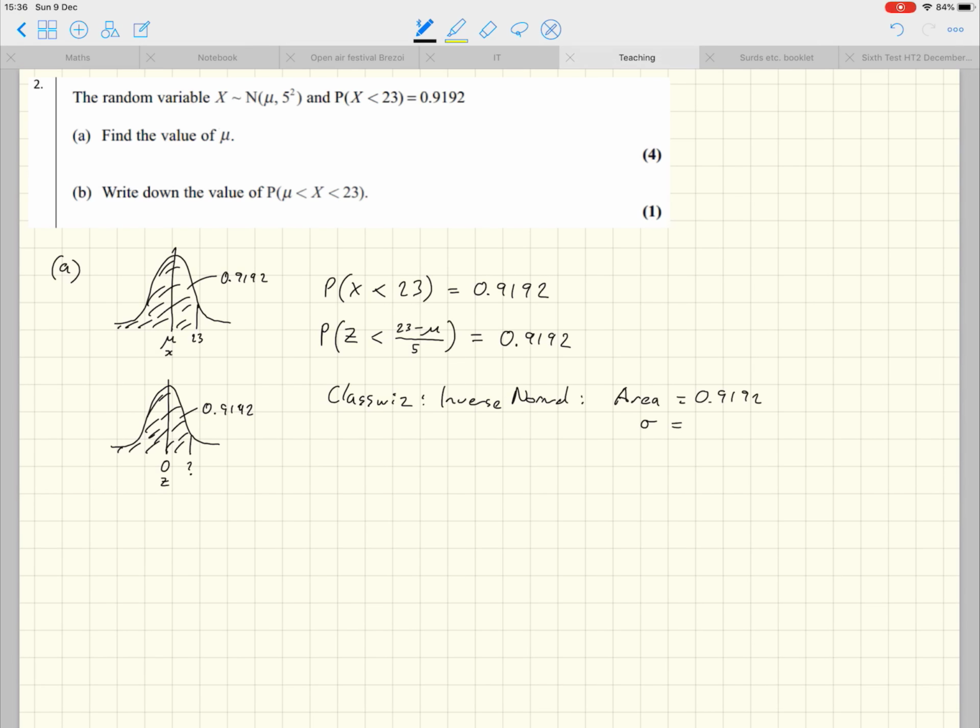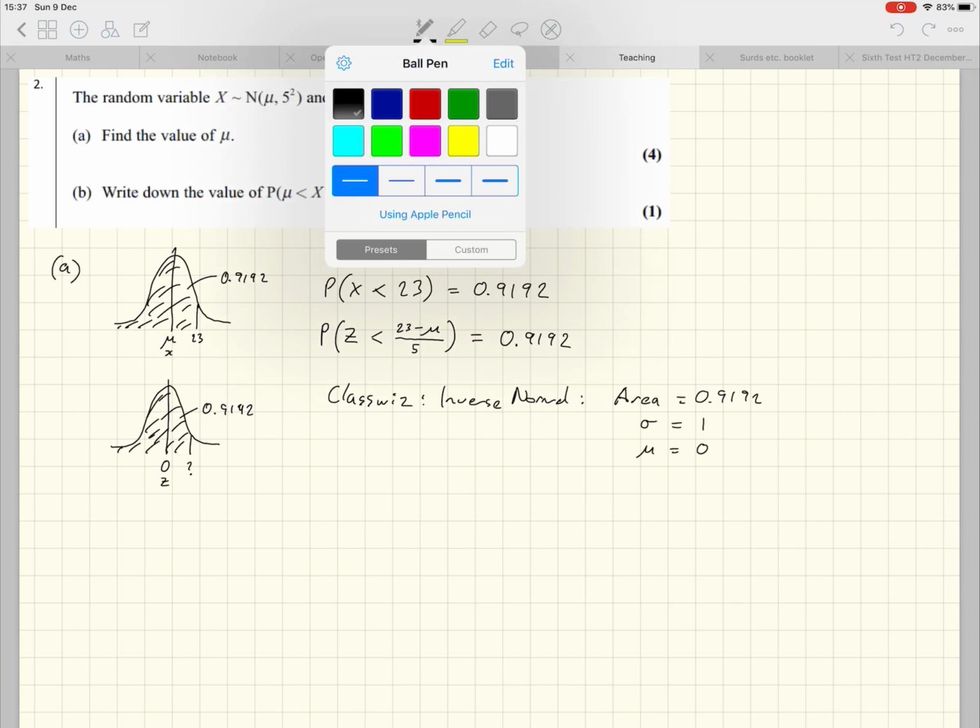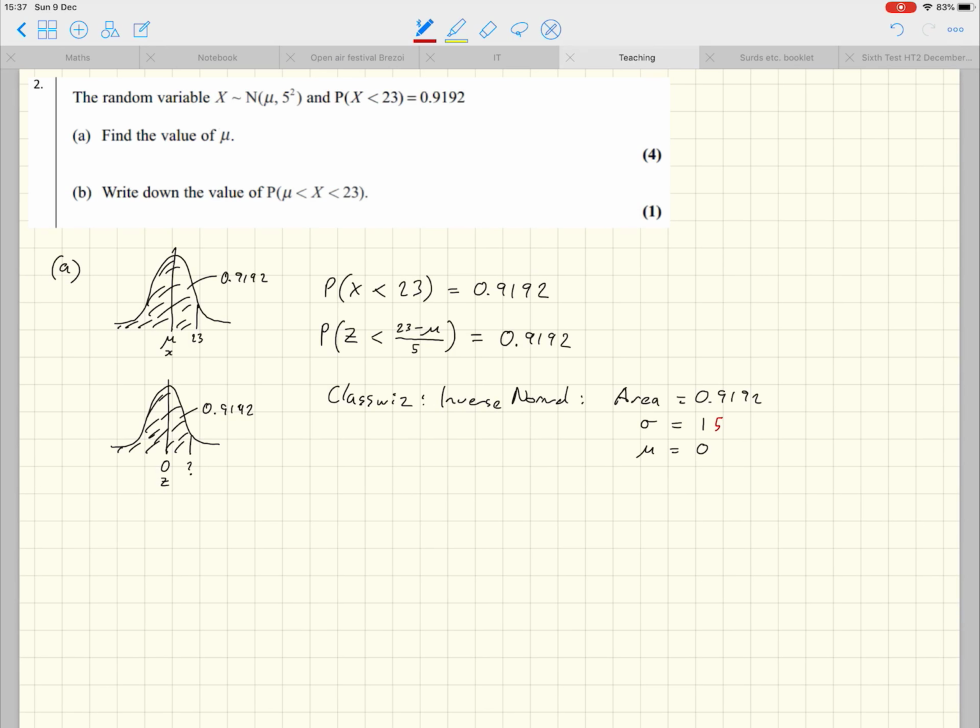Be careful here: this is for the standardized normal distribution, z, so sigma is 1, and mu is 0. If you'd made a mistake, as many do, and written 5 for sigma, you'd have got stuck anyway, because we don't know mu, so hopefully that would remind you that we need the 1 and the 0 there.